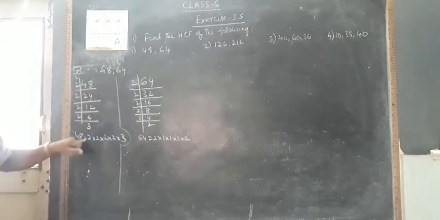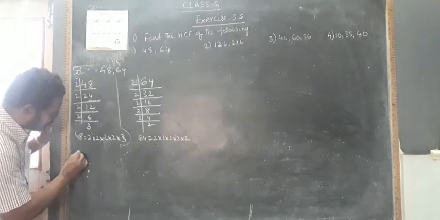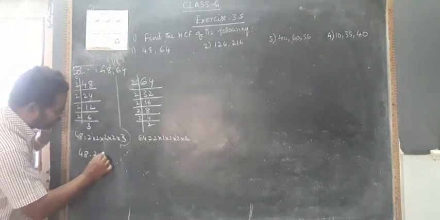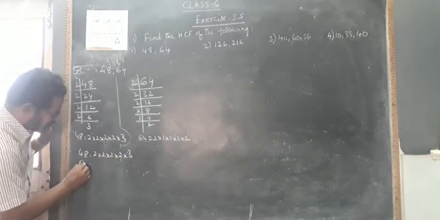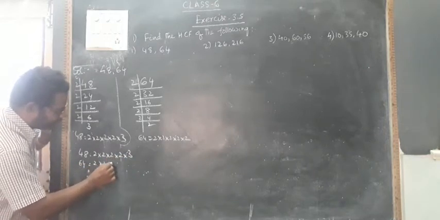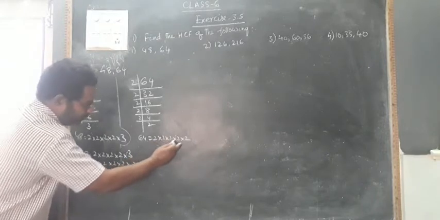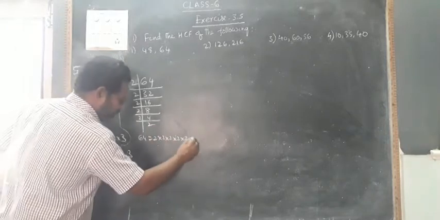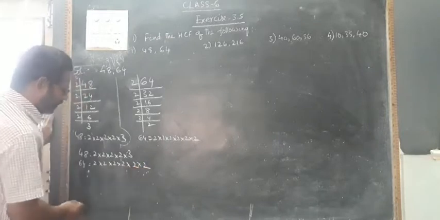So 48 and 64, now we can compare. 48 is equal to 2 into 2 into 2 into 2 into 3. 64 is equal to 2 into 2 into 2 into 2 into 2 into 2.